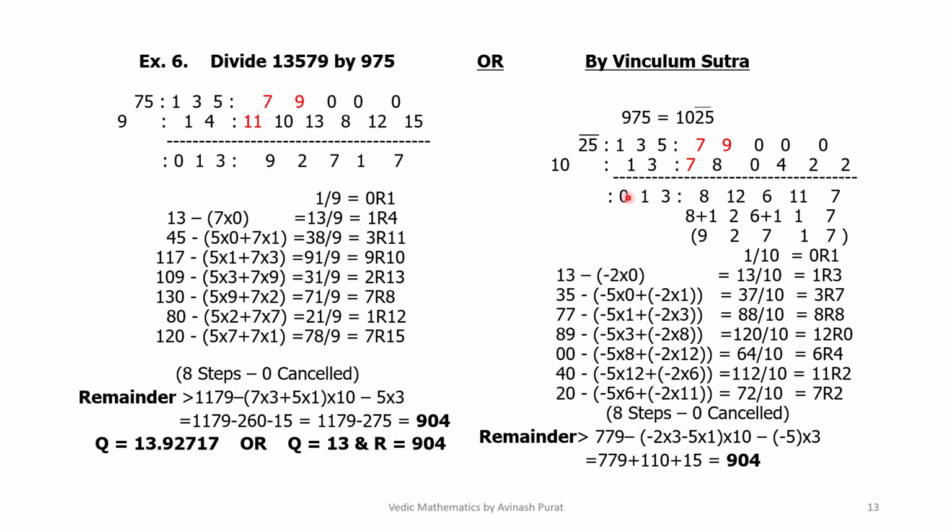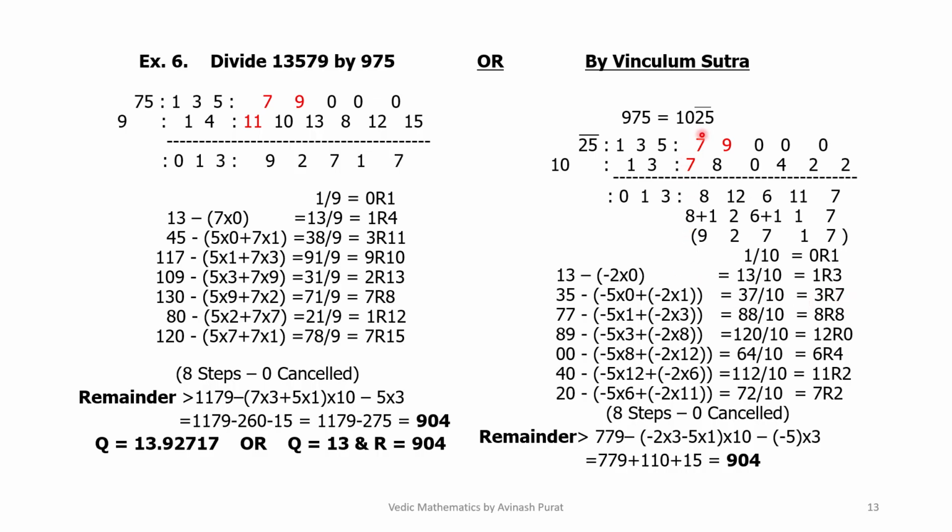Bar 5 minus bar 5 into 0 and plus bar 2 multiplied by 1. So 5 is 0, 0 minus 2 becomes plus 2, with the minus sign before the bracket. So 35 plus 2, 37 by 10, that becomes 3 as quotient and 7 is remainder.